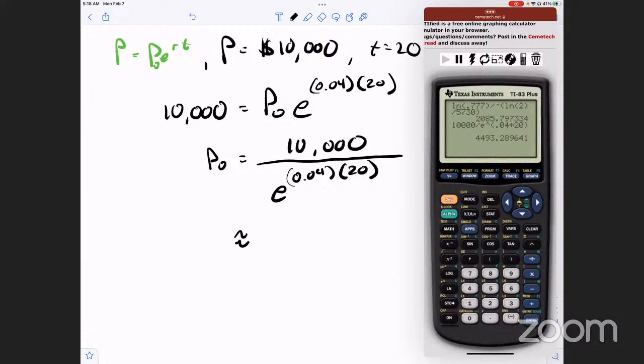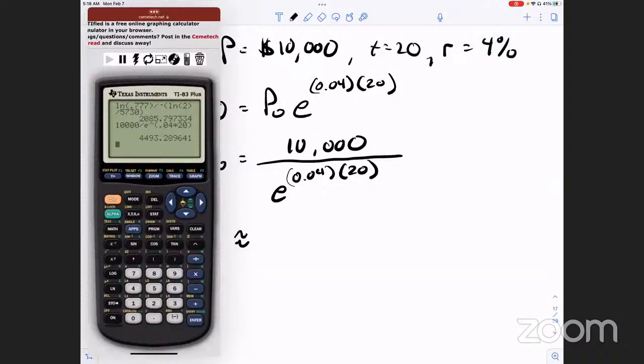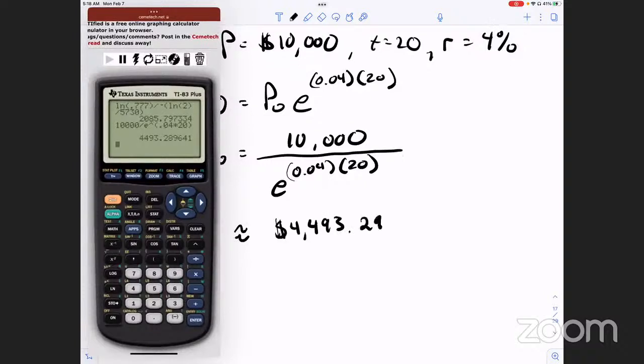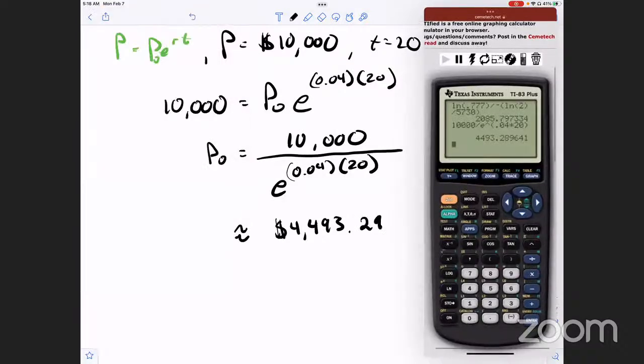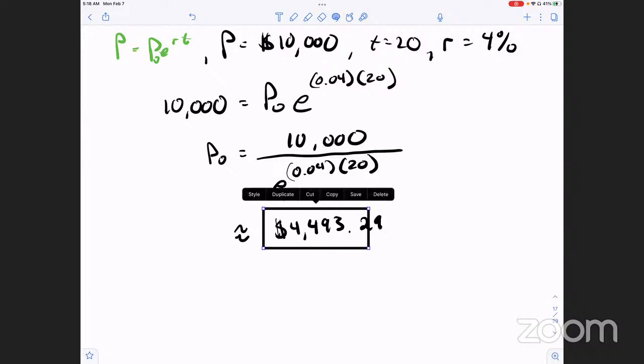So we get $4,493.29 to start with. This way, by the time the child hits 20, they'll have $10,000.